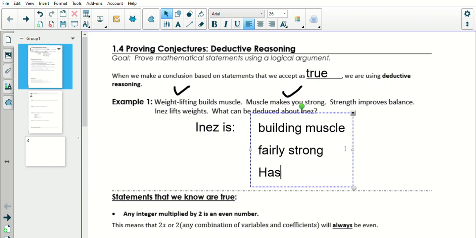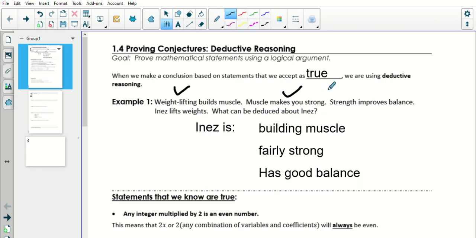Probably has good balance. And we can say that because we all agreed on the statement that strength improves balance. So just by looking at that statement and breaking it down, we're able to deduce some things about Inez that are probably and most likely true.